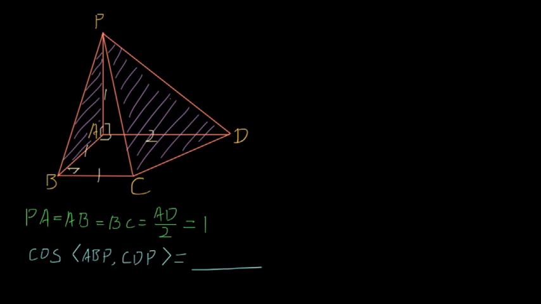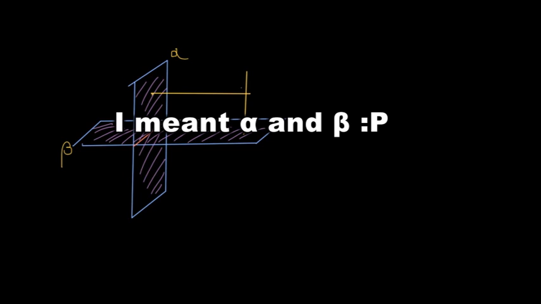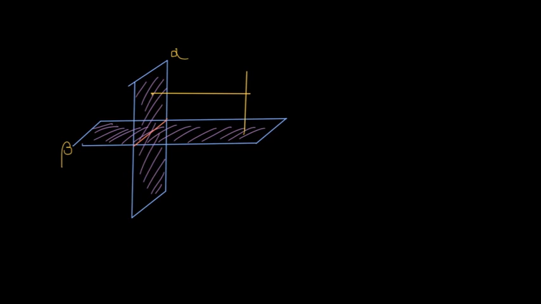the normal vector of a plane. Here we have the planes alpha and beta, and here I'm going to introduce a new concept for finding the angle between two planes. In this case, we are going to draw a line perpendicular to plane alpha and a line perpendicular to plane beta.